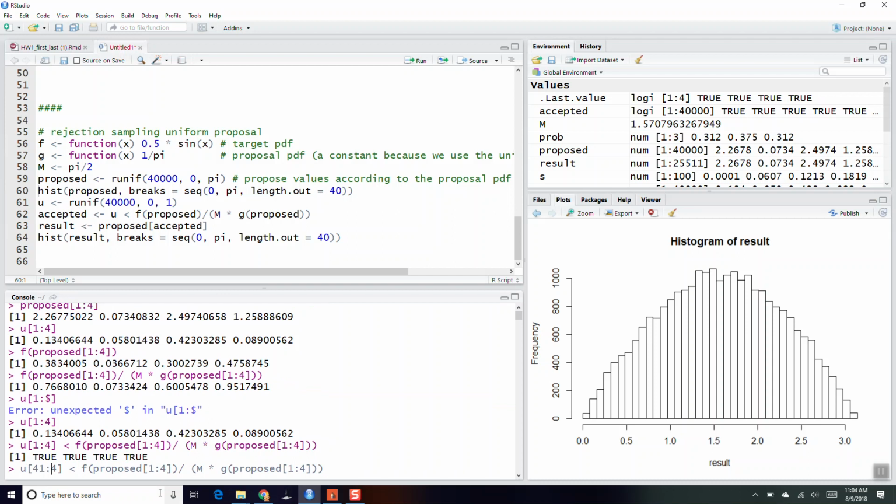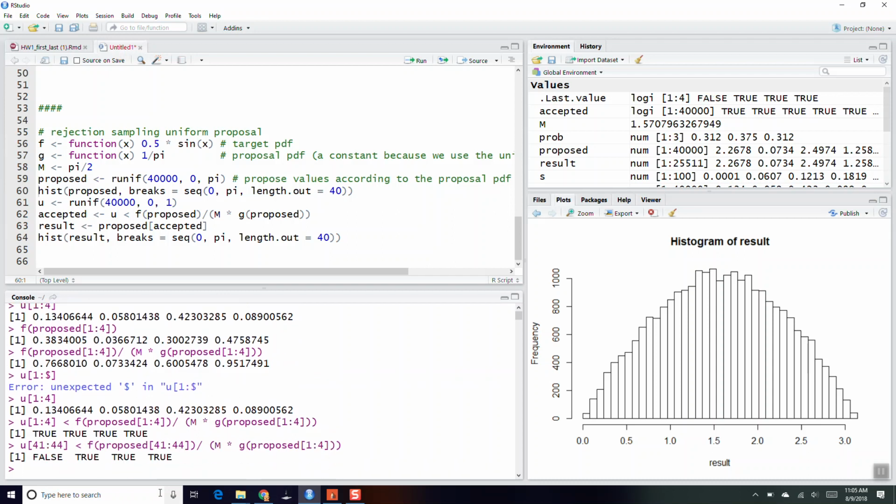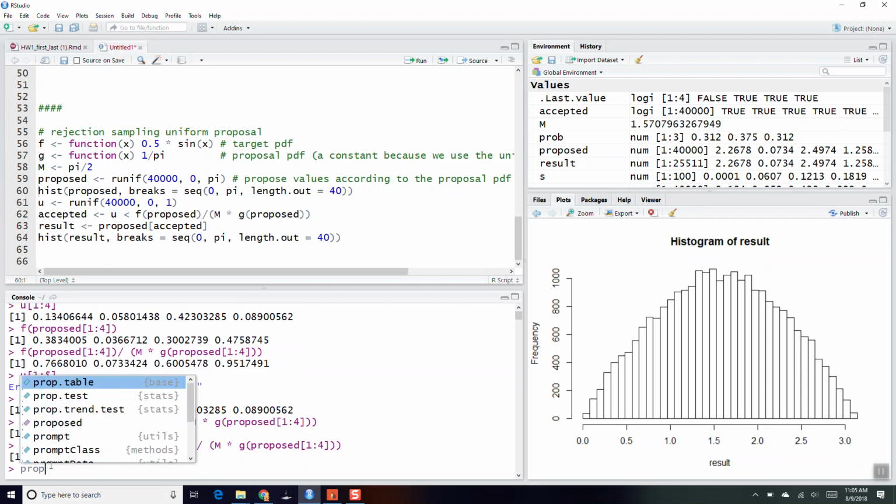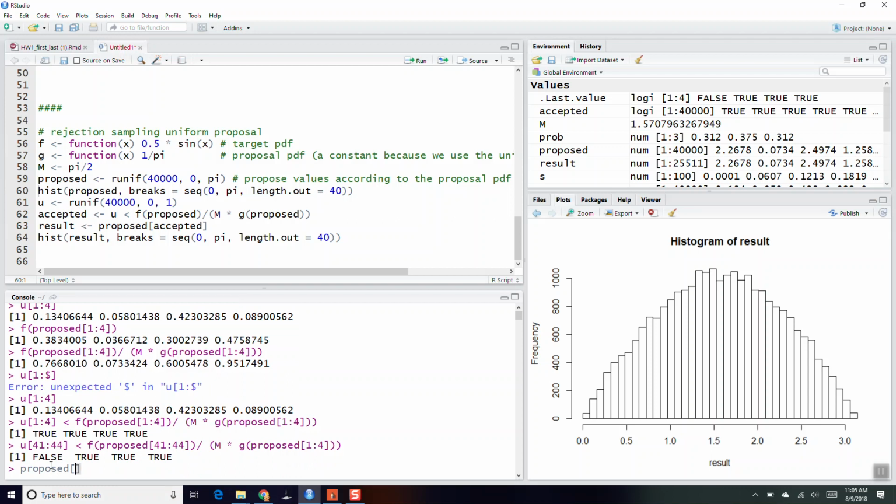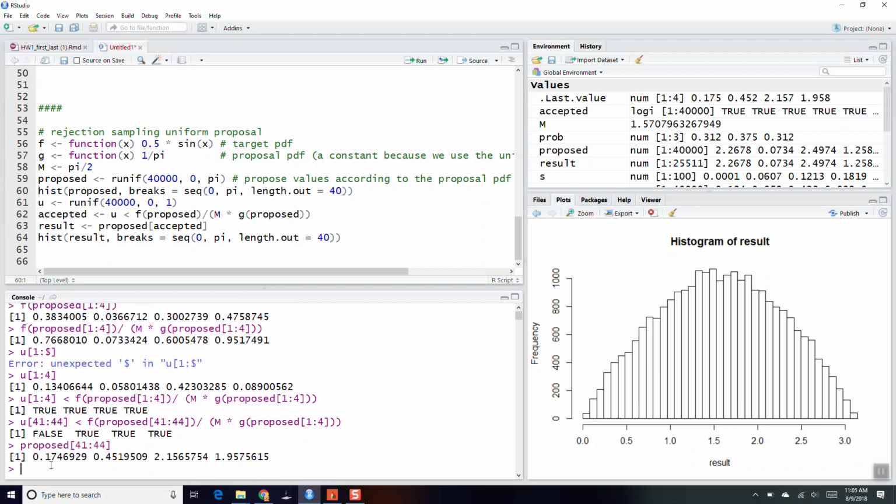Let's just try. Okay, and in this case, one of them was rejected. So if I say what was proposed, 41 through 44. Okay, so here it proposed 0.17, which might be somewhere around here.